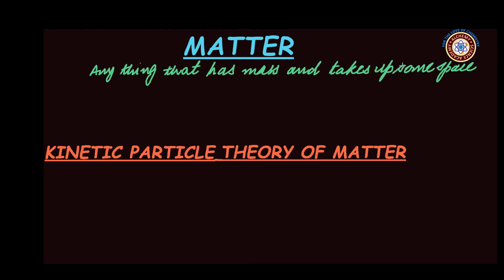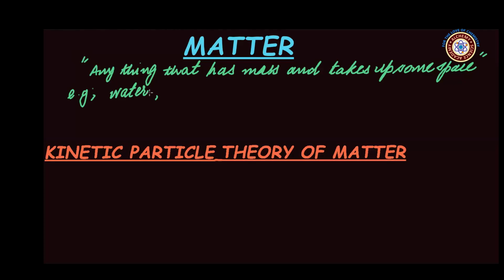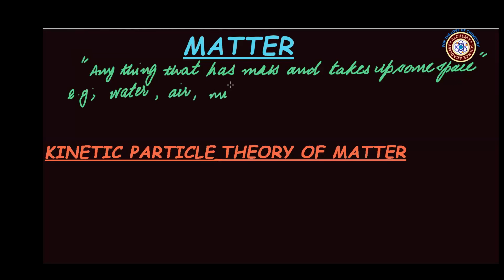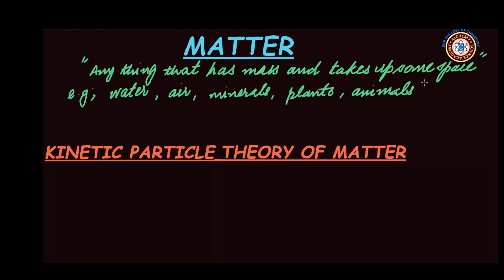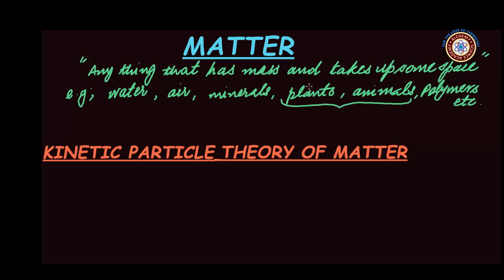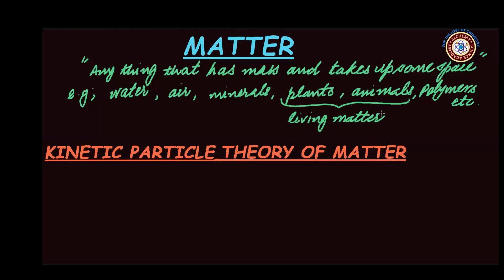For example, water is matter, air is matter, minerals, plants, animals, polymers, etc. They all are matter. From these examples, plants and animals, since they are living organisms, are classified as living matter. The rest is said to be non-living matter.